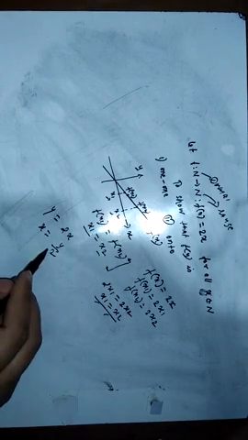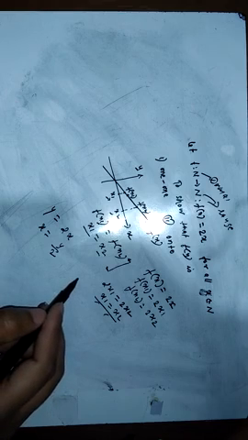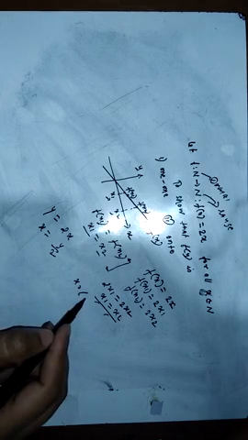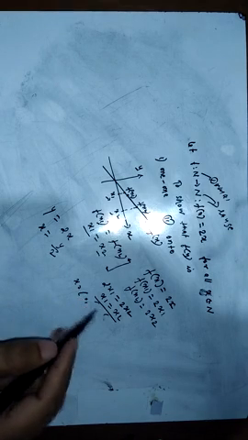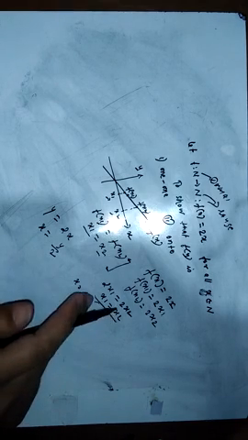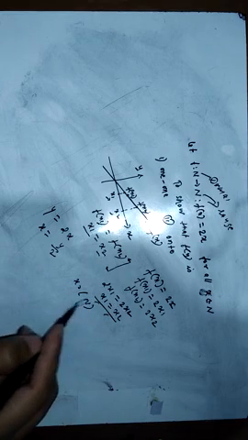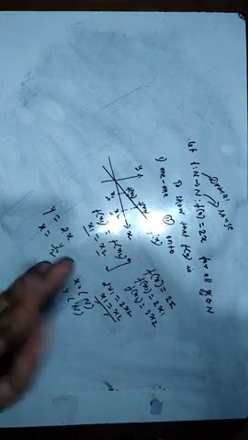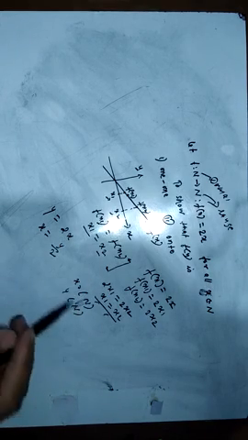For simplicity, we consider x belongs to natural numbers, and y also belongs to natural numbers. Natural numbers, counting numbers, are the same.